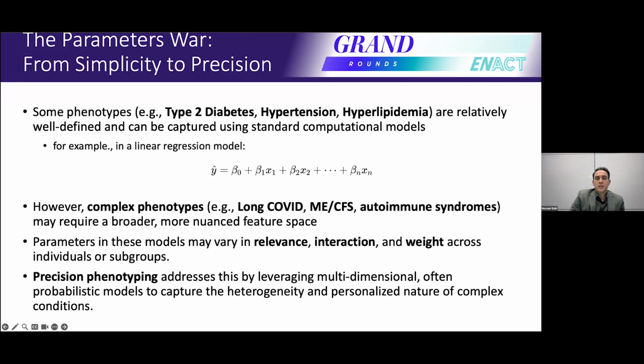Their features interact, shift, and can vary across individuals. And that's exactly where precision phenotyping becomes critical. Instead of squeezing everything into a one-size-fits-all model, we dynamically adjust model uncertainty and pull from multiple data sources to build a truly patient-specific phenotype.